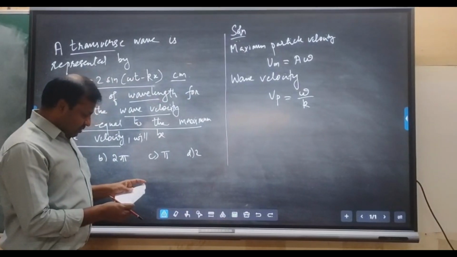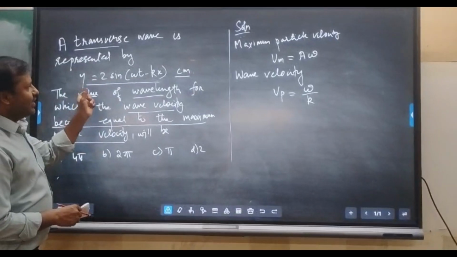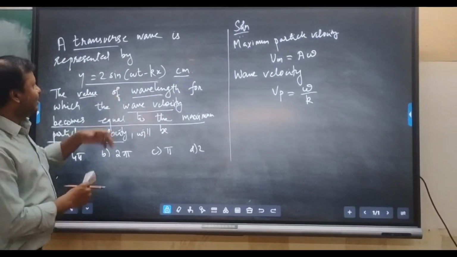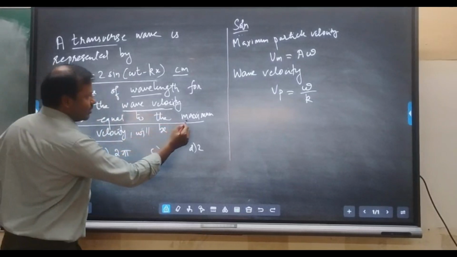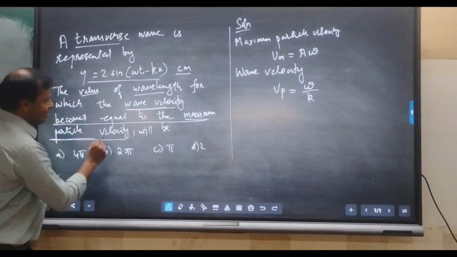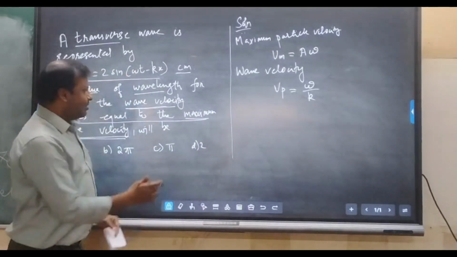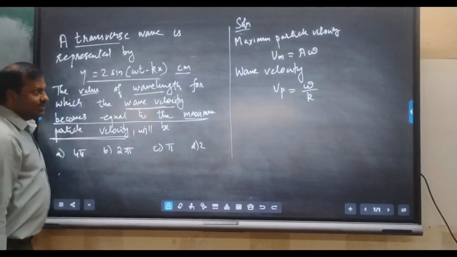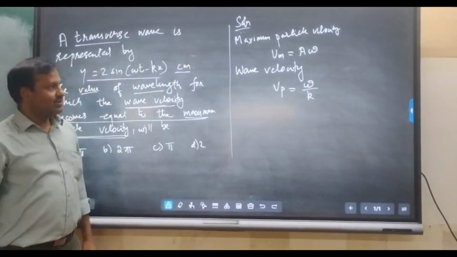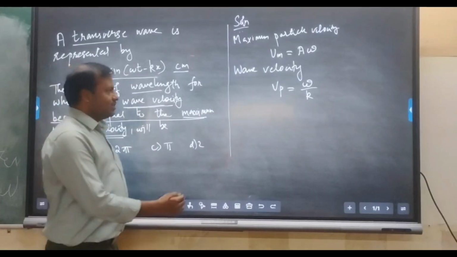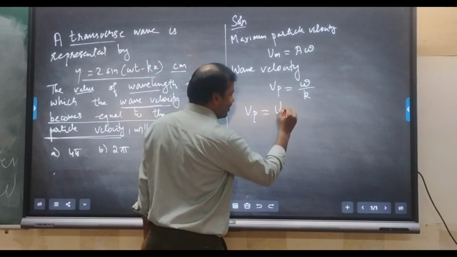Now the condition is that we have to find the wavelength when the wave velocity is equal to the maximum particle velocity. That means Vp must be equal to Vm.